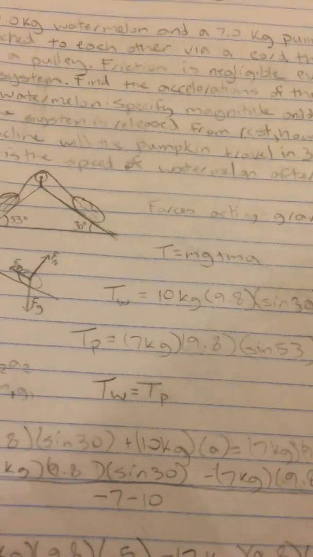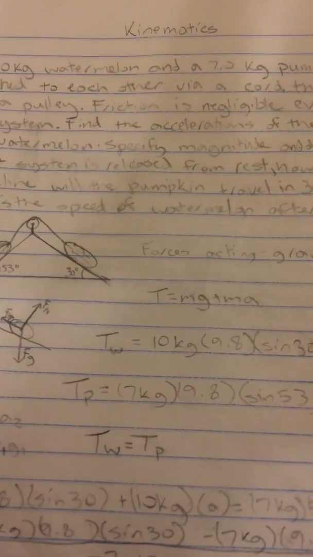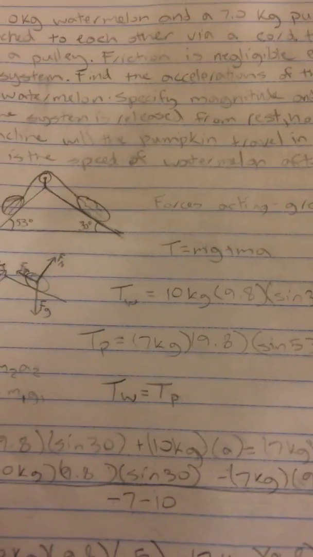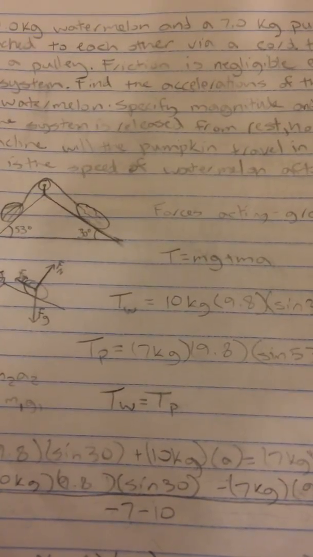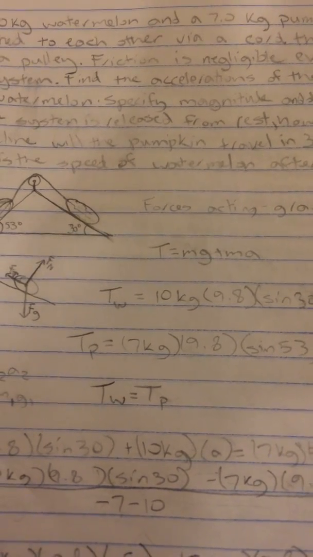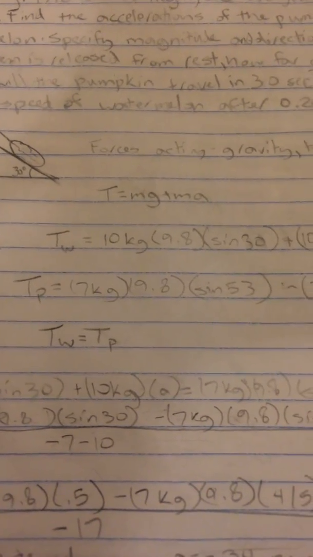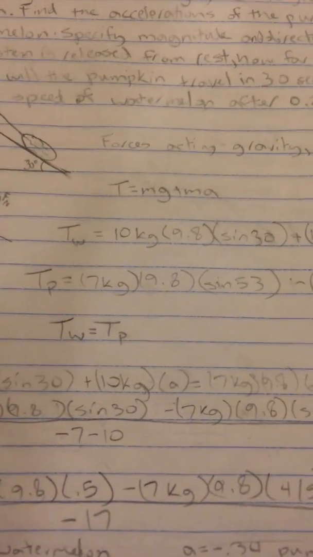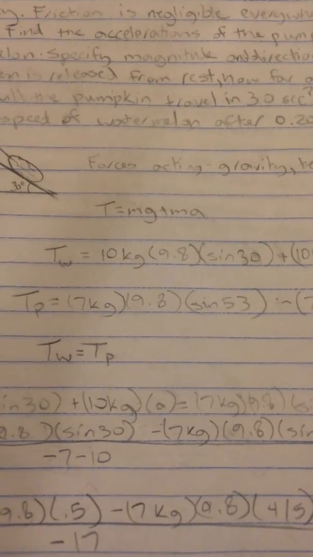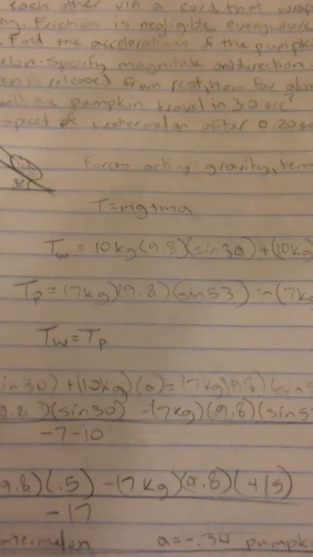So the formula that I use to figure this out is tension equals mass times gravity plus mass times acceleration. And since they're both connected to the same cord and they're both pulling on each other, the tension of the cord is going to be equal on both the pumpkin and the watermelon.